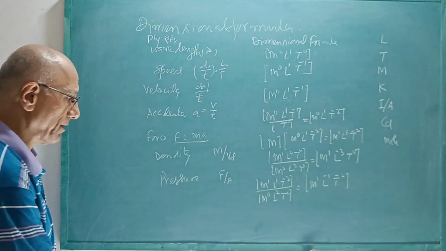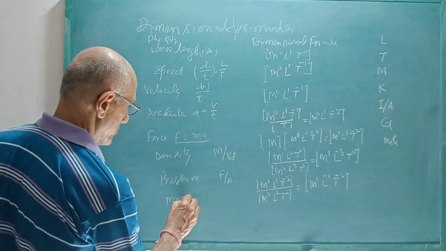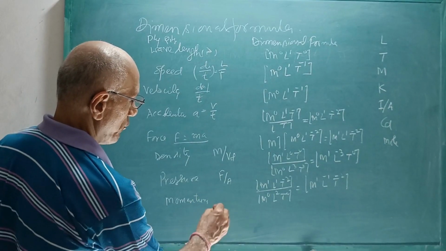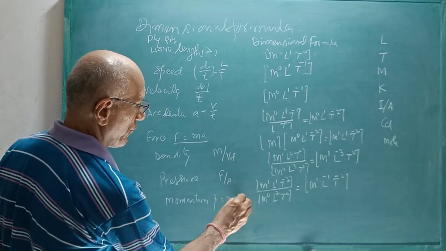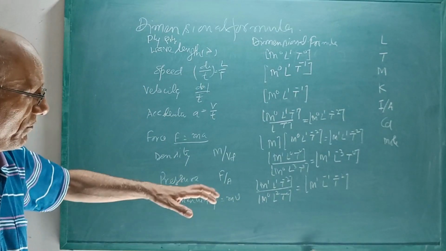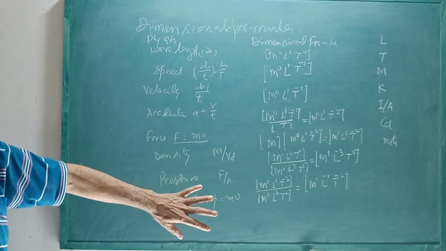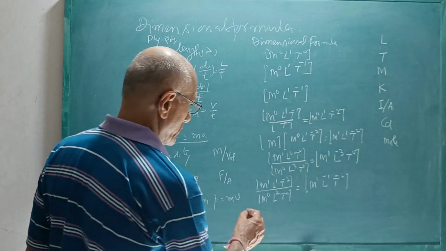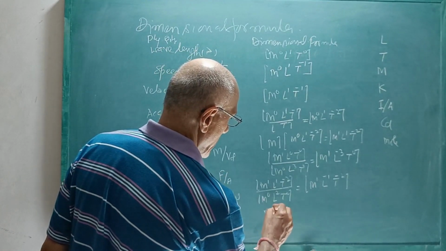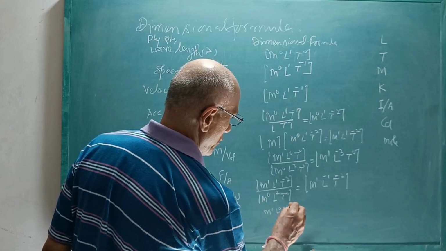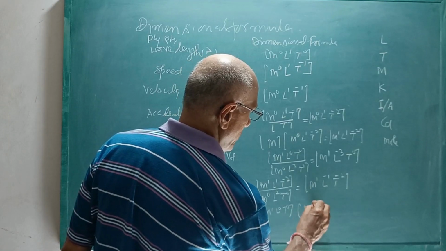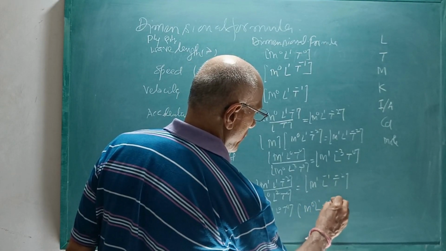What is the dimensional formula for the momentum? Momentum P is m into v. That means you must be well versed with the different formulas. So mass into velocity. Mass is M1 L0 T0 and velocity is M0 L1 T minus 1.